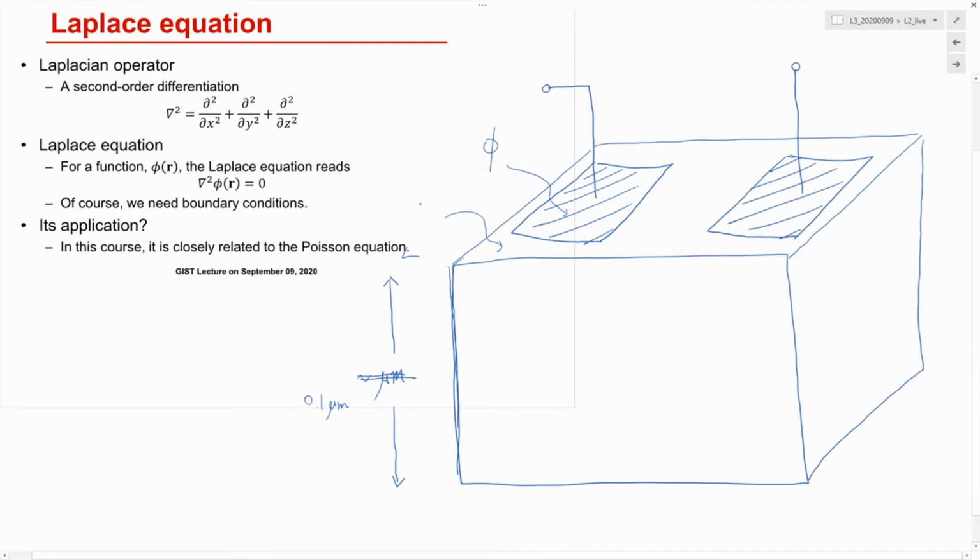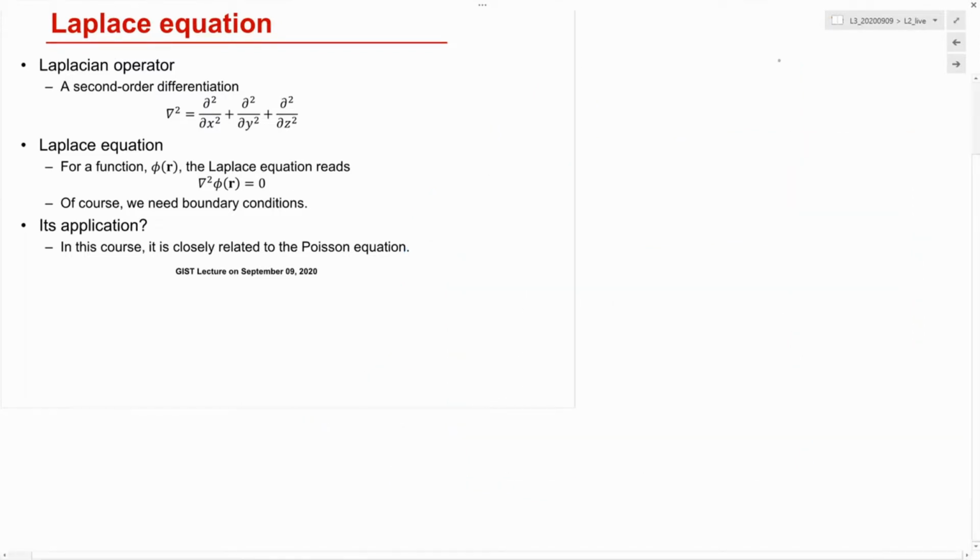But if we consider the electrostatic potential at these two points, we can say the electrostatic potential at this point is governed by the applied voltage at this highly doped region. And how about this point? We have no idea. There is no predefined condition to determine this value.